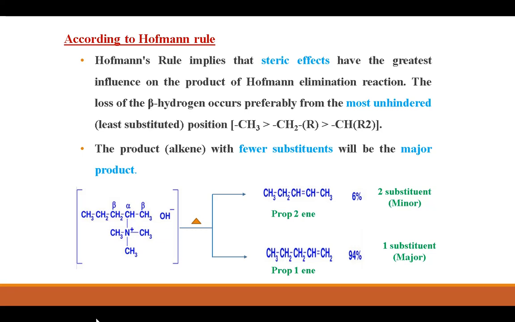So, prop-1-ene is the major product. If you compare these two products, as it is less substituted, meaning it contains one CH3 group, it is the major product according to Hofmann rule. Remember that Hofmann rule is the reverse of Zaitsev rule.